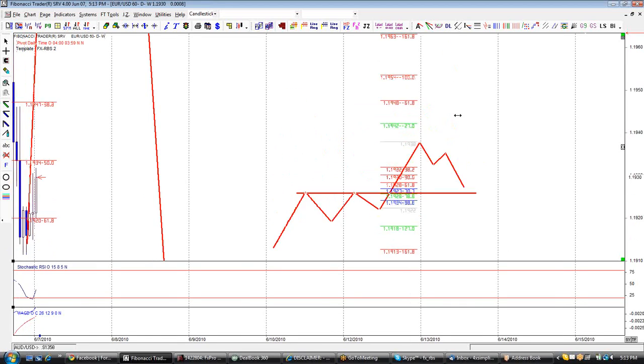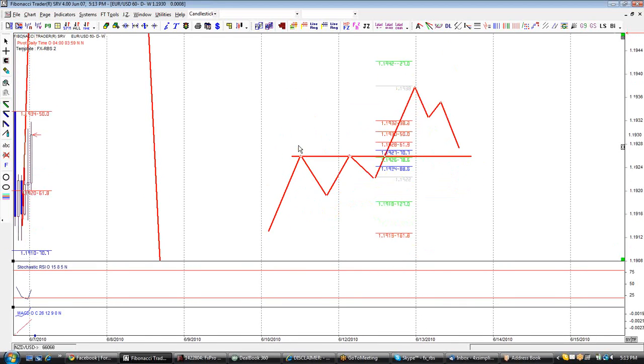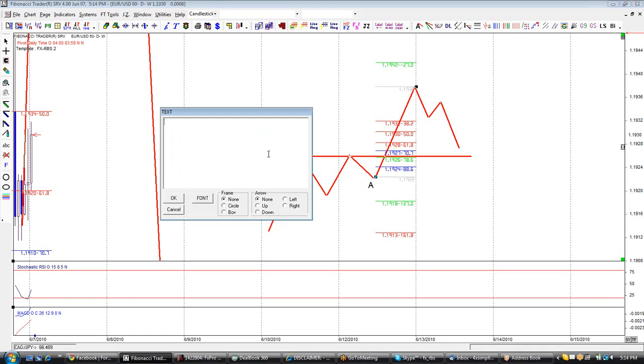Now, I personally, if I see this setup, those previous highs that provide us with support in future, and when we pull our fib, let's say we have our swing AB.